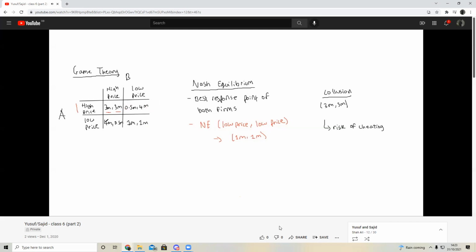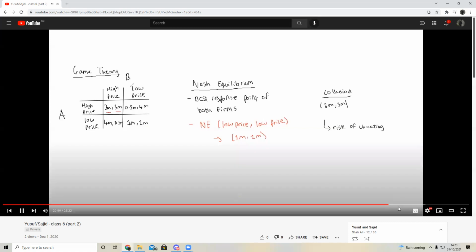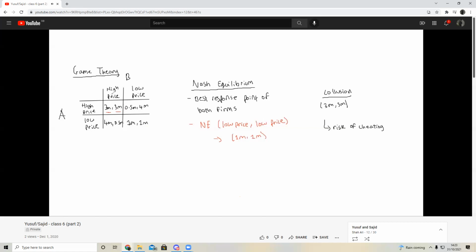Similarly, if firm B sets a high price, then firm A has a choice between 3 million and 4 million. They might decide to cheat and go with a low price, in which case we come to here, where firm A gets 4 million and firm B gets 0.5 million. That's why the Nash equilibrium is very important, because at this Nash equilibrium level, 1 million, 1 million, no one has an incentive to cheat.